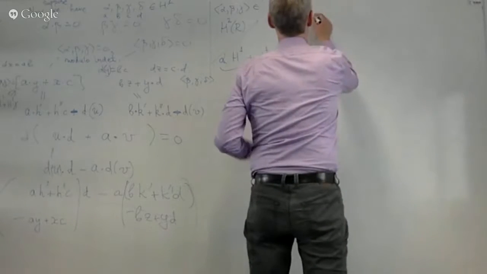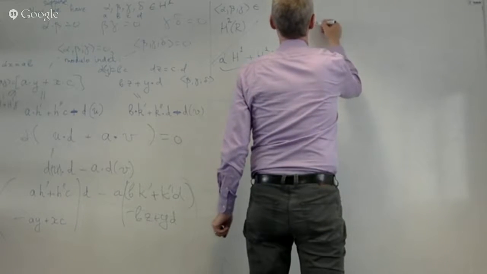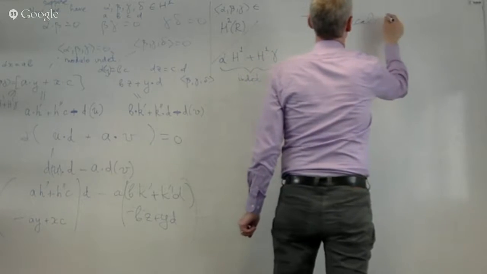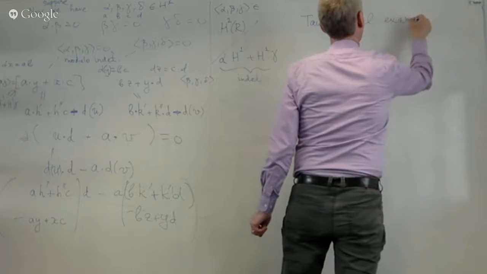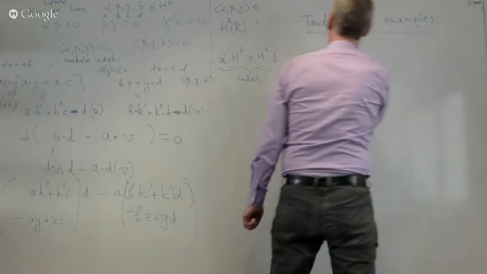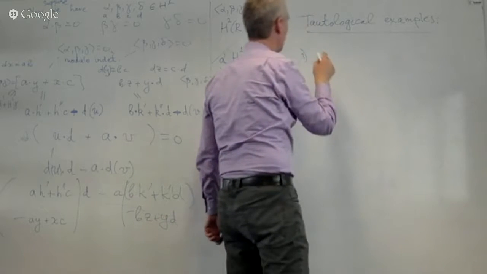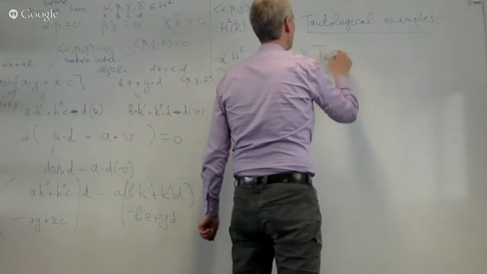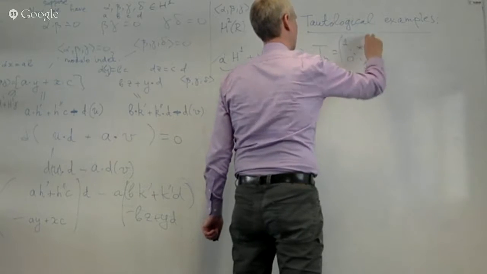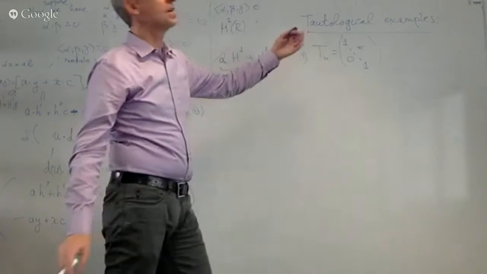So topological example. First is a group. This Tn is a group of matrices like this. I can do it over a ring.